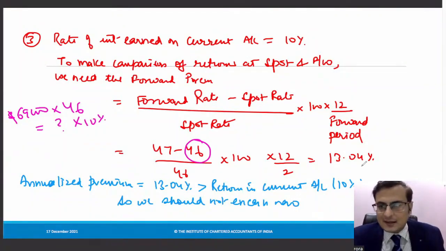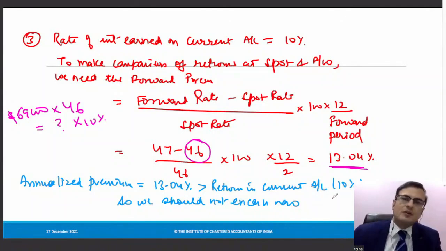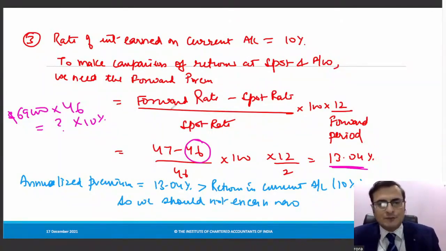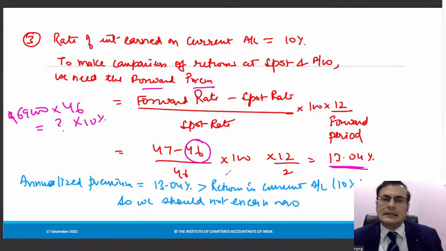But here you are getting a return of 13.04%, which is much higher. 3% is higher. So you should not encash that dollar into rupees now. Do it after 2 months. Pay directly from that current account because the forward premium exceeds the return in the current account. Clear, everyone? Okay.